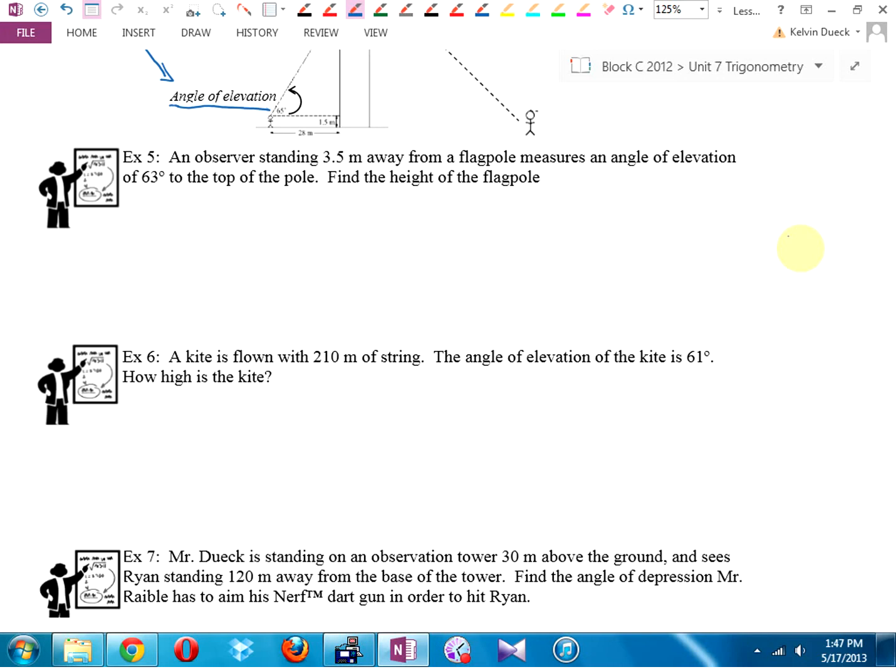We should draw a picture first. Flagpole. Person. Triangle. Flag. Fine.